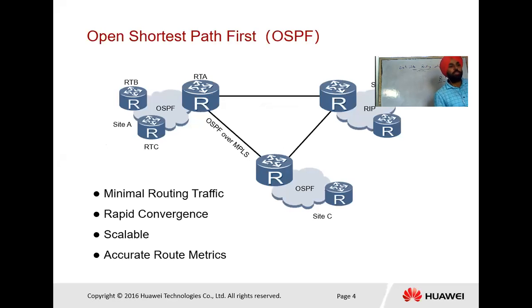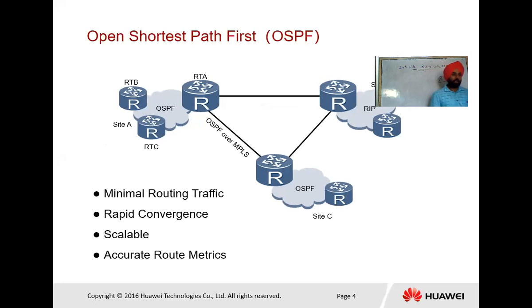What does Open Shortest Path mean? The first feature of OSPF is minimal routing traffic. In the case of RIP, routers send the entire routing table to each other.